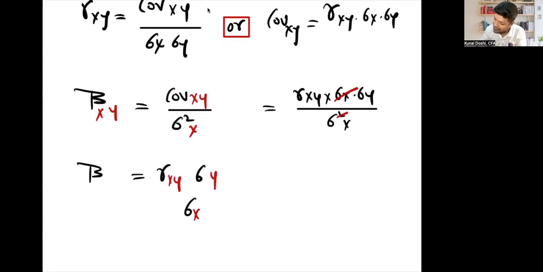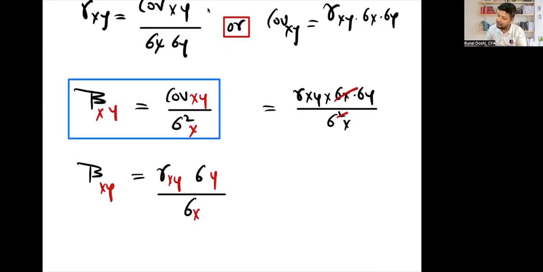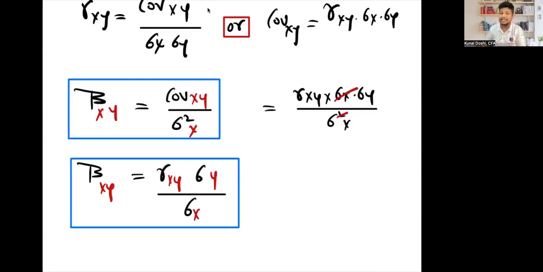This is not a second formula, it's the same formula, I've just rearranged. So if they give me covariance, I will use this. If they give me correlation, I will use this. Please note down these two formulas of beta.